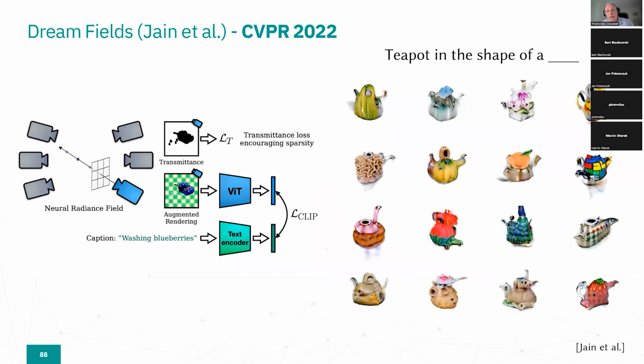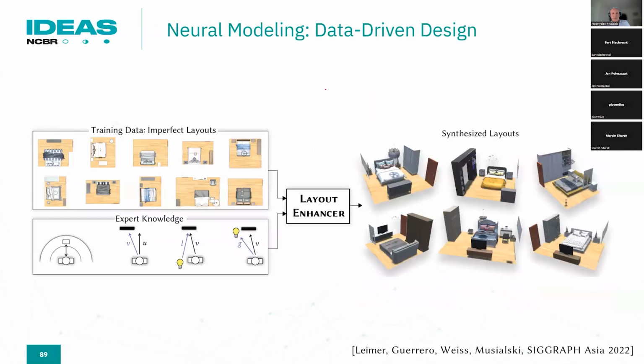Here, for example, a recent paper, CVPR 22, with the famous or infamous Utah teapot in computer graphics. It generated new variations of this 3D object. And this is our recent work, SIGGRAPH Asia last year: generative modeling of apartment layouts based on data and based on expert knowledge.